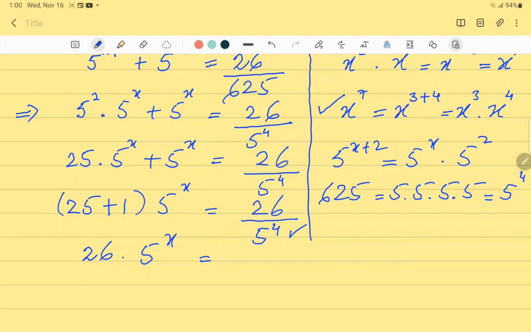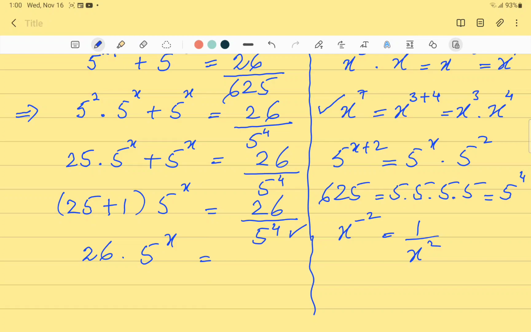This 5 raised to the power 4, we will take it up, and I think you will be aware of the fact that x raised to the power minus 2 is equal to 1 over x square, which means if we take it down, its sign will change. So x raised to the power minus 2 will become 1 over x raised to the power 2.